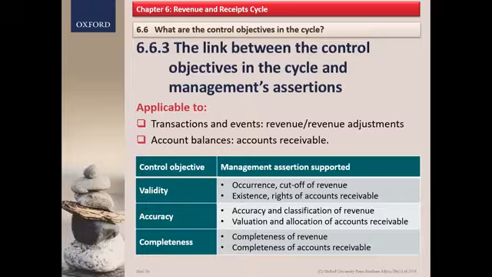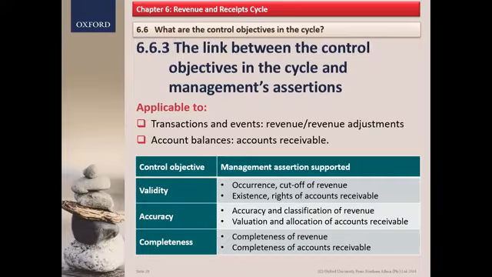They are applicable to transactions and events, revenue or revenue adjustments, and also account balances, accounts receivable. The control objectives will be validity, accuracy, and completeness that are peculiar to your revenue and receipt cycle.